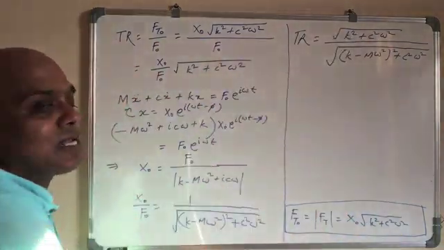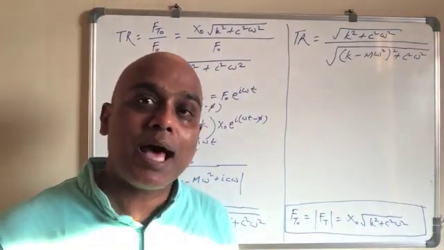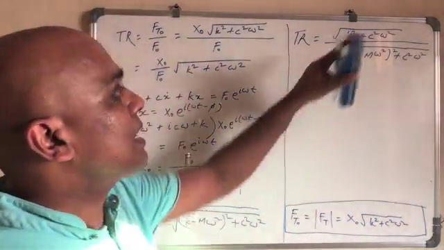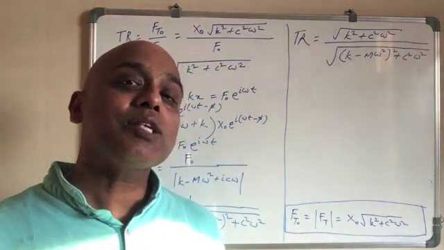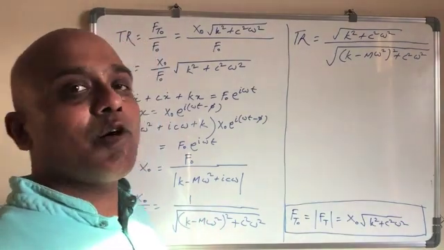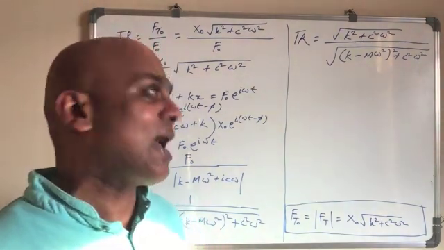So this is the transmissibility in terms of k, c, M and omega. We can also convert that into omega n and zeta terms as well.